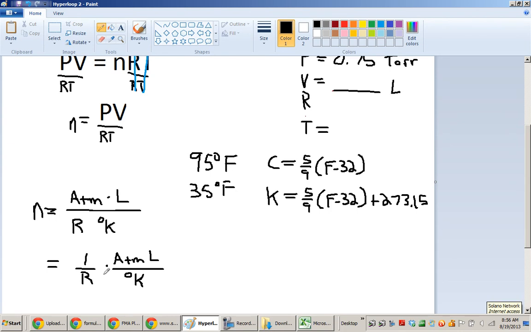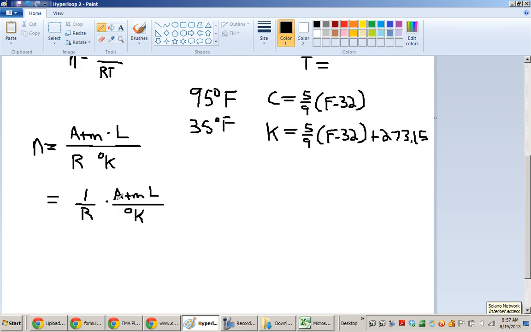So I need a unit or units that will cancel these and leave moles. So I need to have inverse moles in the bottom, right? Because I need those moles to come on top when I'm done.